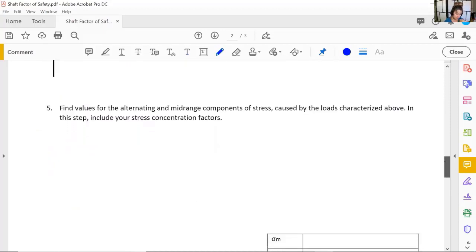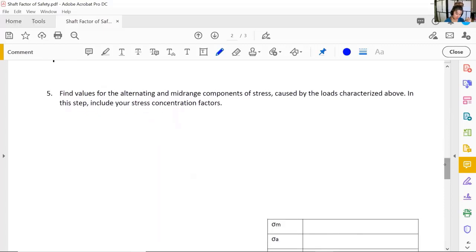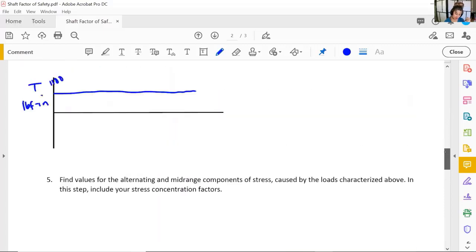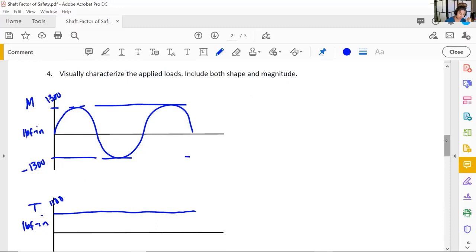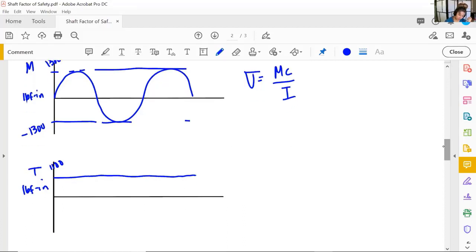So find values for the alternating and mid-range components of stress caused by the loads characterized above. So if we look at these, this is a bending moment, so it's going to cause some bending stress by our old friend, the flexure formula, and then another old friend, the shear stress formula.